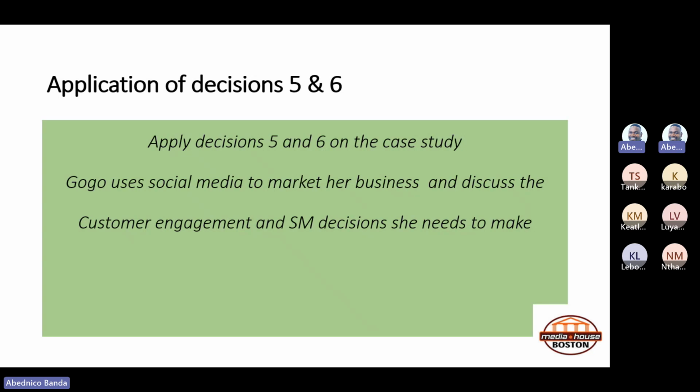Is she a large corporate? What do I mean by that? Because the size of the business determines the resources that she can use, the budgets that she can have based on the turnover that she gets from her business. Then the second thing that you need to consider are the benefits of both offline and online engagement.